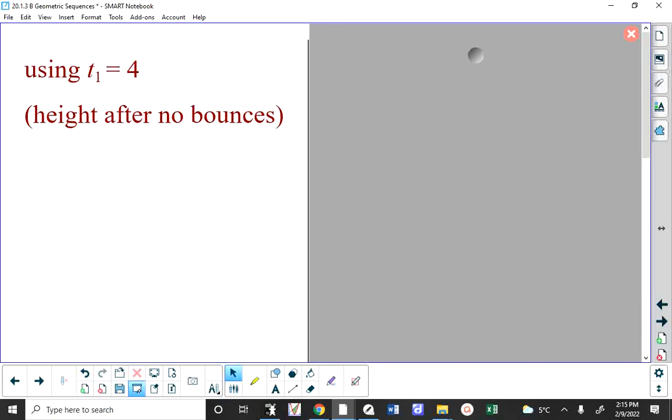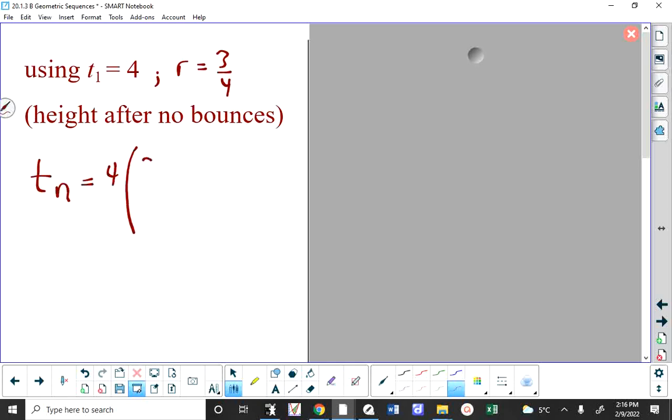And I want you to hold back on doing any calculations just yet. One of them is to say, well, I'm going to use T1 equals 4, which is the height after no bounces. It hasn't bounced yet. And the common ratio, of course, is 3/4. So I can use my formula Tn equals 4 times 3/4 raised to the n minus 1.